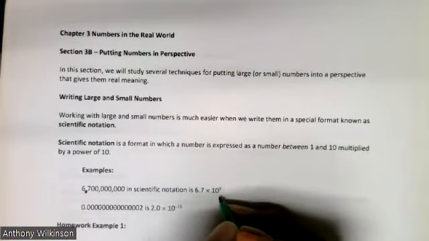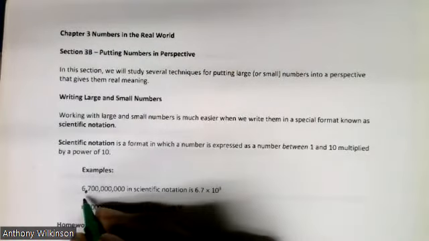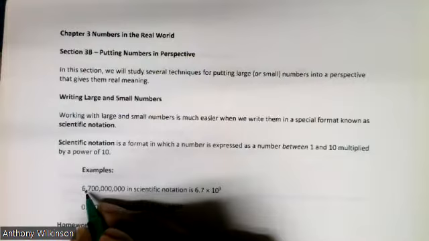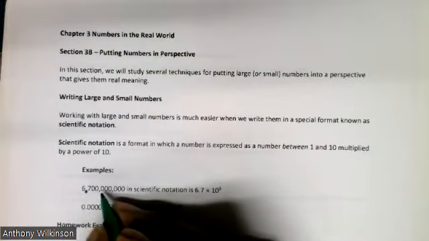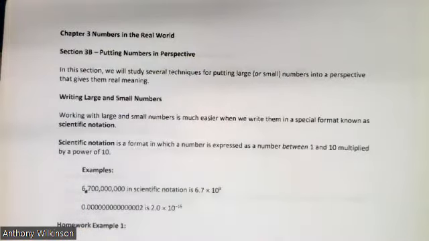Then it's going to be multiplied by 10 to some power. Well, if I put the decimal point behind the 6, that means I have 3, 6, 9 zeros behind it. That would be the exponent for 10. So 6,700,000,000 in scientific notation would be 6.7 times 10 to the 9th.